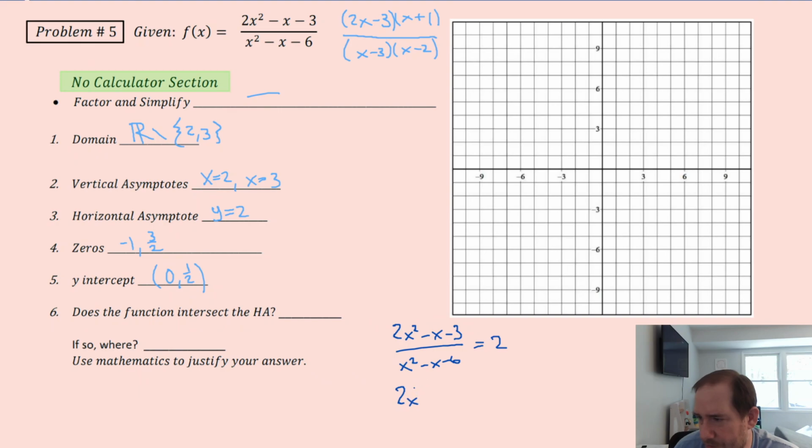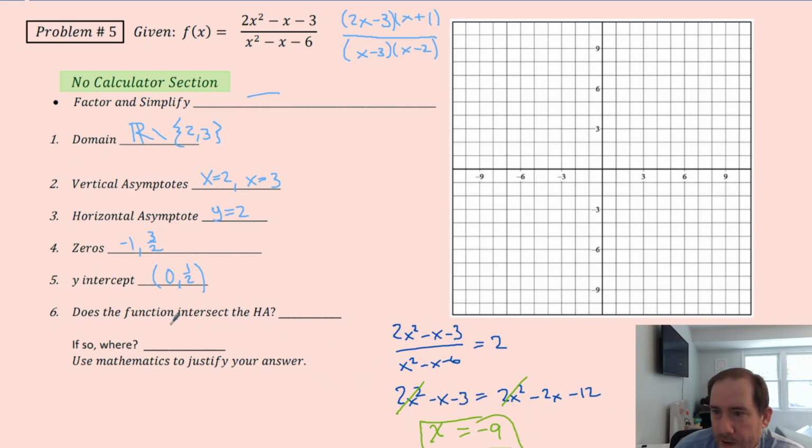So we get 2x squared minus x minus 3 equals 2x squared minus 2x minus 12. Right away I see that if I subtract 2x squared from both sides, they cancel. If I add 2x to both sides, then I'll get a positive x here. Then to isolate, I'll add 3 and I'll get negative 9. So does the function intersect? Yes. If so, where? At x equals negative 9.